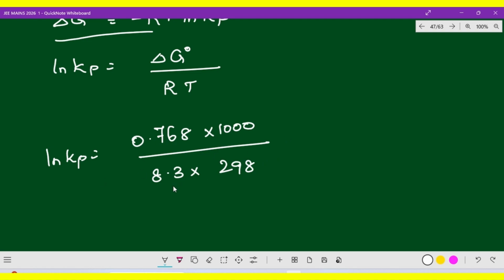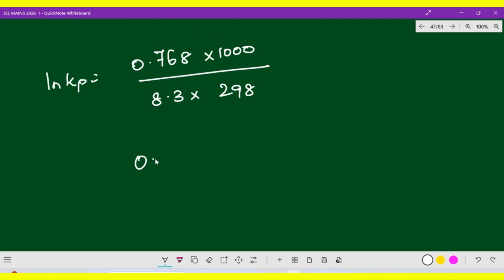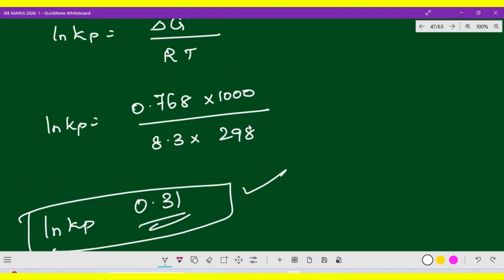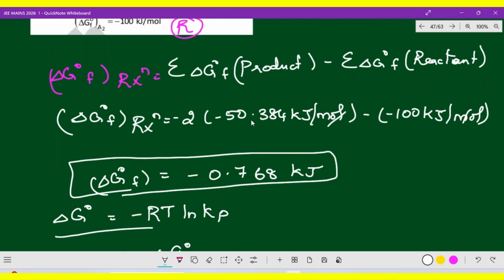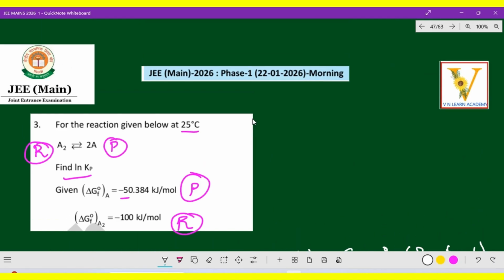When you calculate, you will get 0.31. So 0.31 is ln Kp. I hope you got that clarity on how we get ln Kp. This is just applying the formula. When you look at the question, read it twice or thrice, and you will come to know what they are asking.